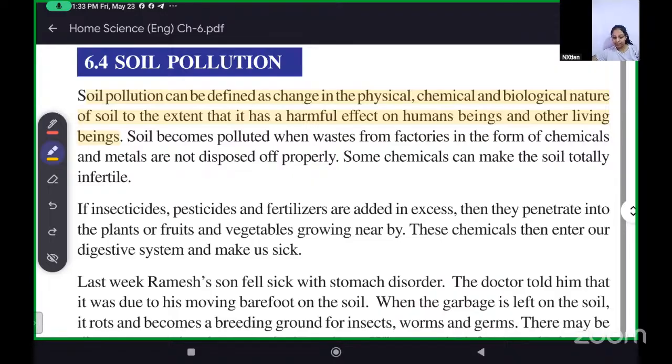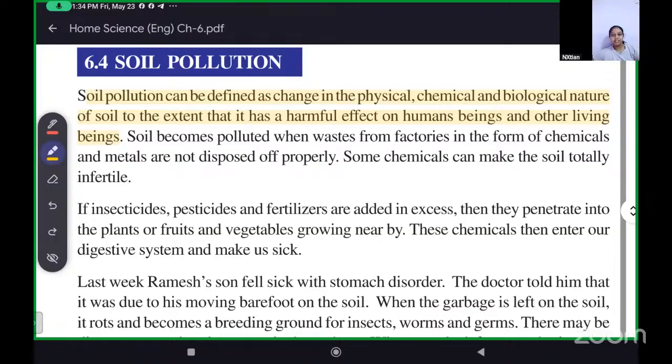Also, do you know that when people use all these chemical insecticides, pesticides, and fertilizers in the soil, our plants take up the nutrients from the soil or the water present in the soil. They use this water up through the roots, and the water is mixed with a lot of chemical substances.